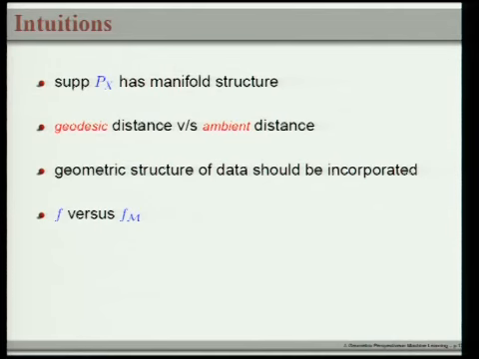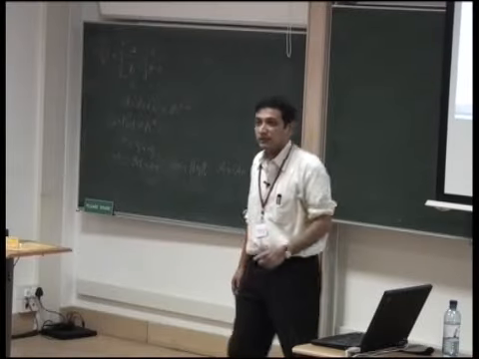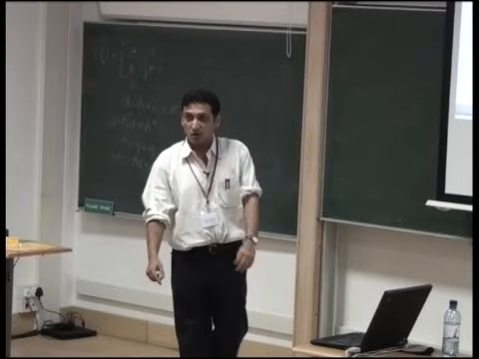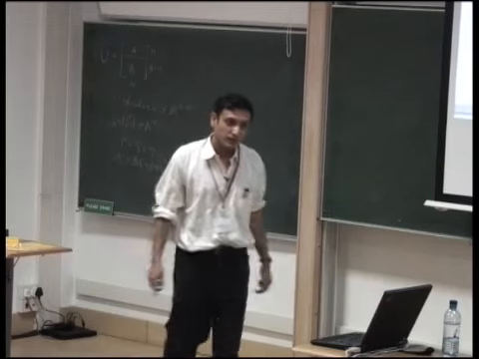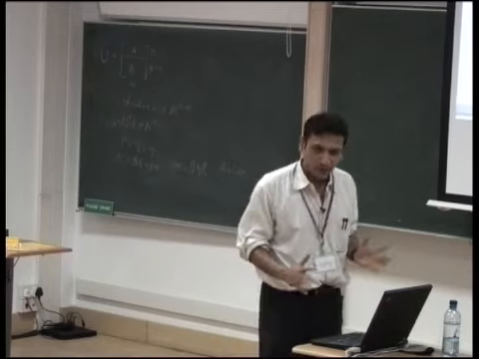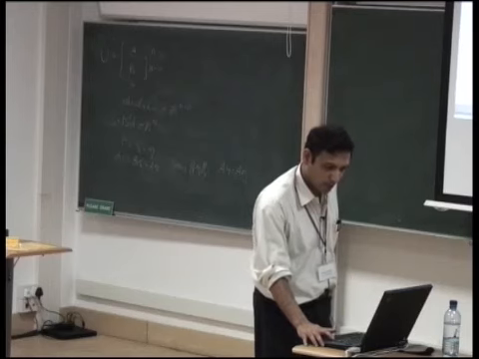We see that the geometric structure of the marginal can affect our notion of what a good simplicity functional can be. We see that there is a difference between the function defined everywhere in R2 and the function restricted only to the manifold M. And so, functions could be smooth along M and rough in the normal fibers, right. So, all of these intuitions somehow we would like to accommodate.